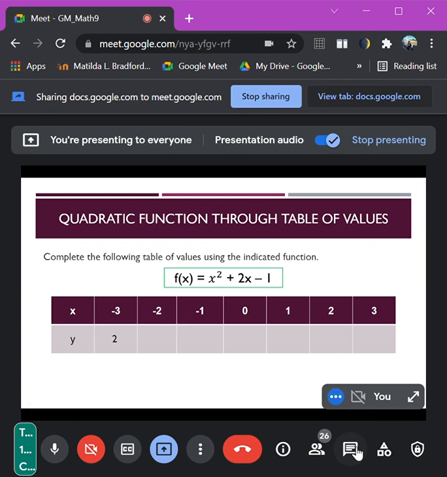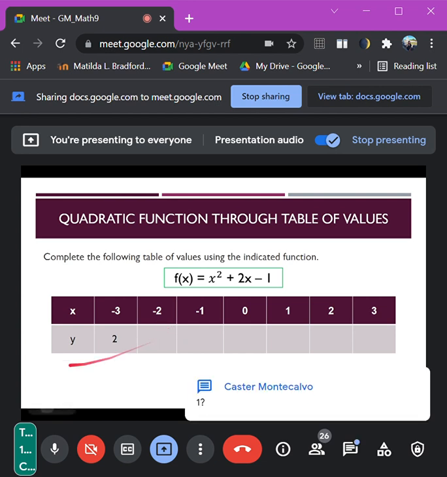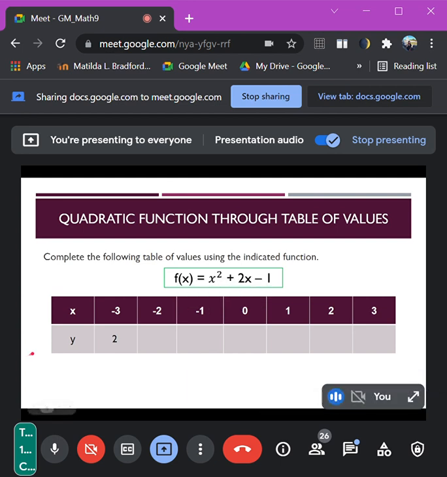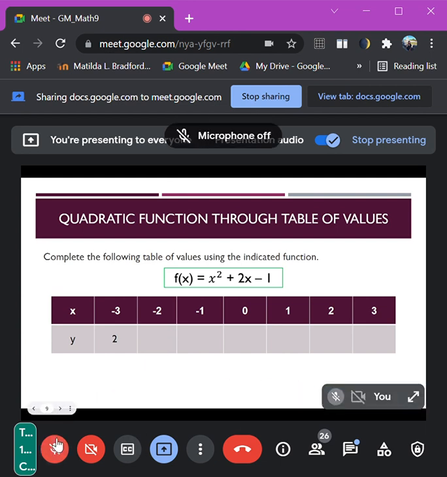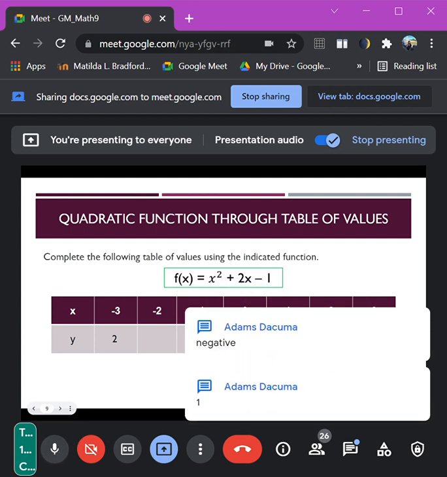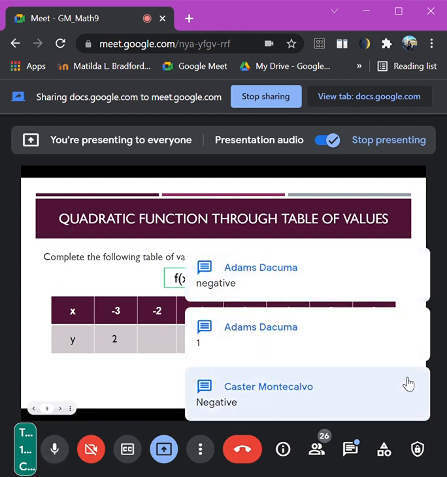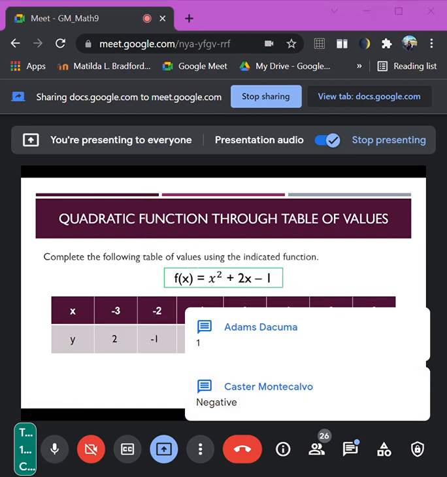Sige, what is the value? 1 or negative 1? Okay, that is negative 1.